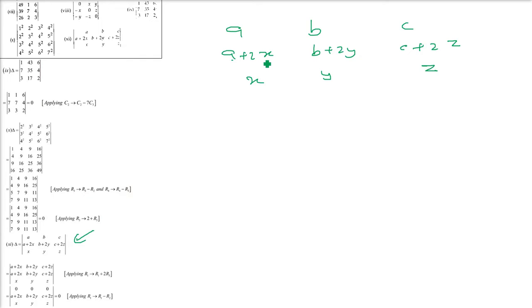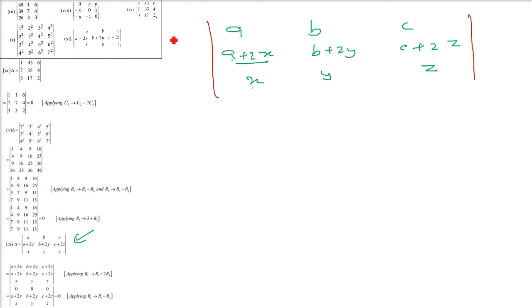It is a plus 2x. If we add twice the third row to the first row, you'll get a plus 2x. Similarly, you add 2 times y to b and it is the same as the middle row.